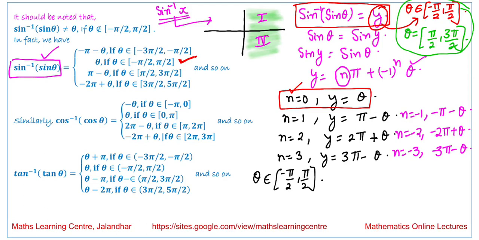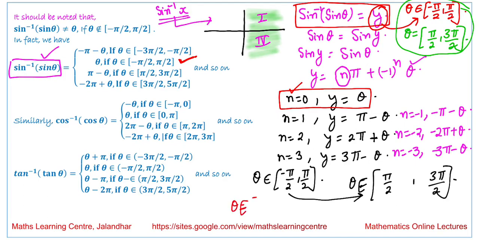Now suppose we have the problem in which theta belongs to pi by 2 to 3 pi by 2. How is this interval formed from this? We are saying theta belongs to pi minus pi by 2 comma pi plus pi by 2. So this is the interval we are talking about.